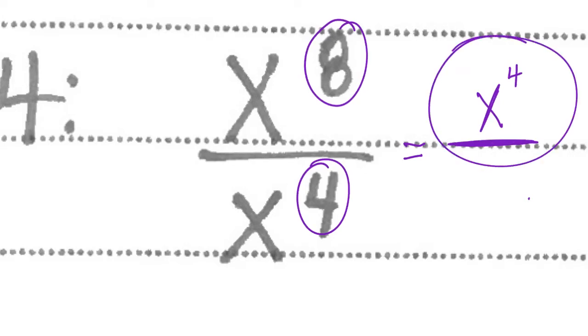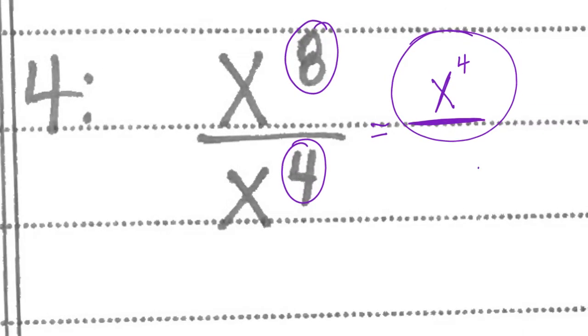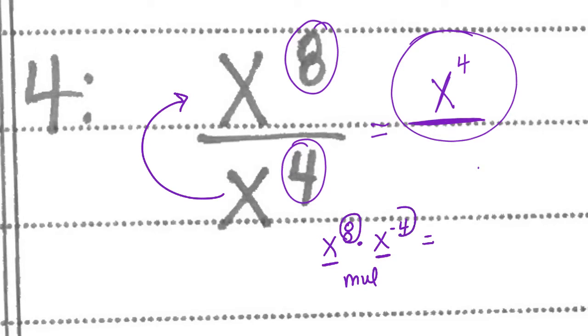Now, if we get to the logistics of this, we know that we could write x to the 4th as x to the negative 4th in the numerator, because anytime you move something from the denominator to the numerator, you're going to put a negative in the exponent, or vice versa. But remember, when I multiply the variables, I add the exponents, and I get x to the 4th.